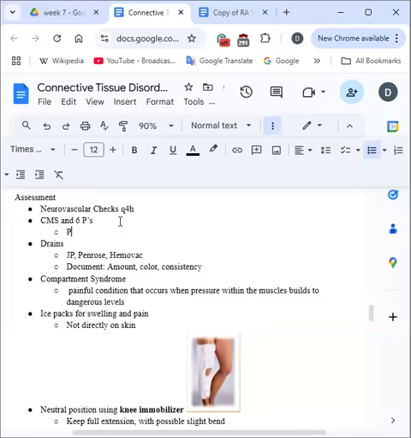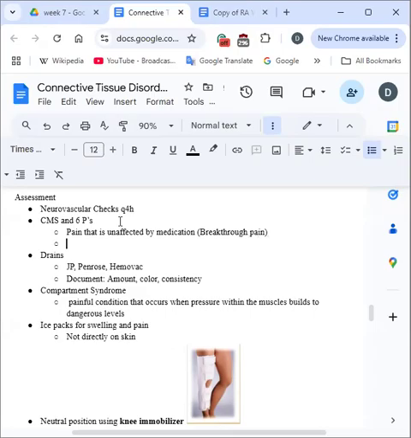So that would be the pain that is unaffected by medication. Even strong opioids don't do anything to the pain, so it's like a breakthrough pain. We're going to have paresthesia, that pins and needles feeling.